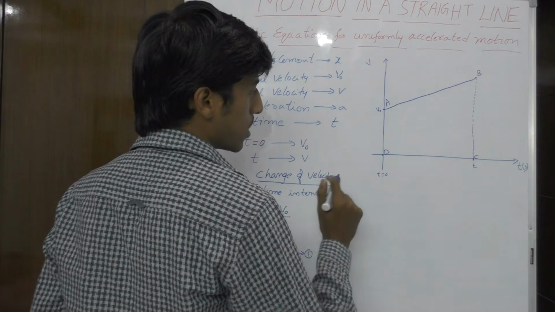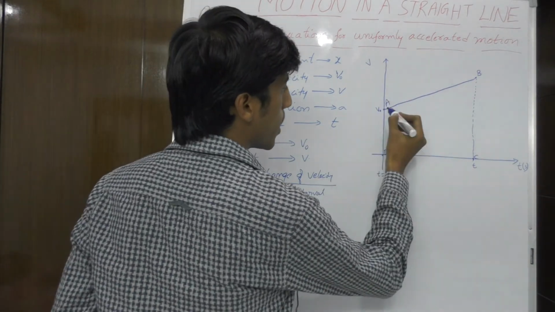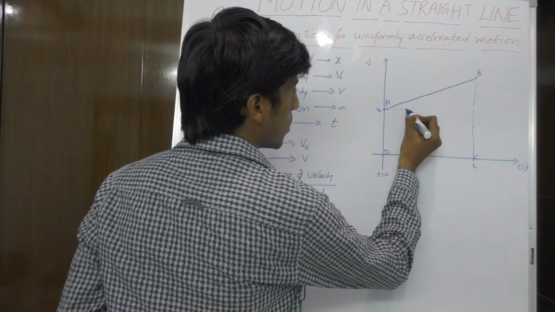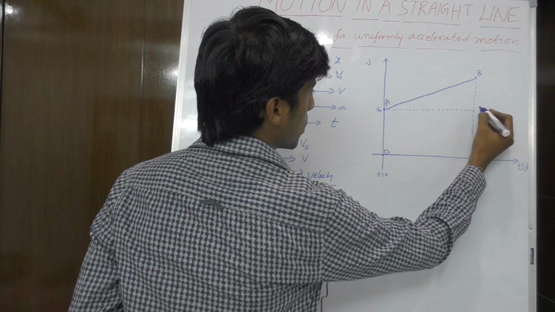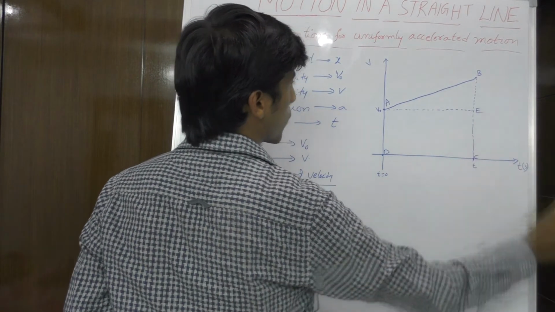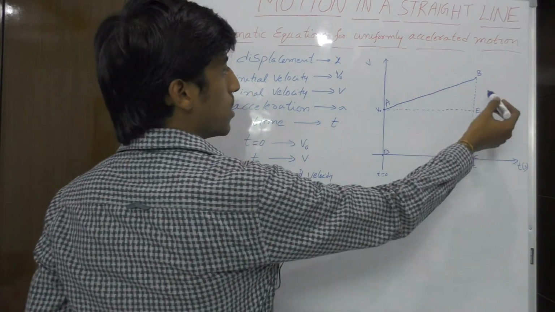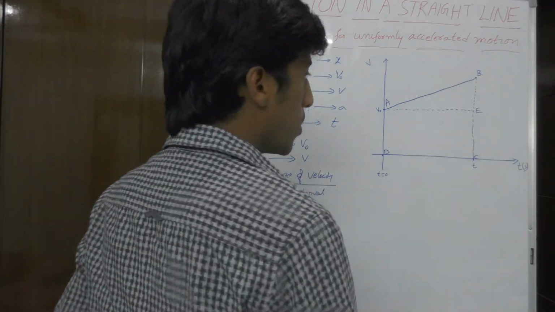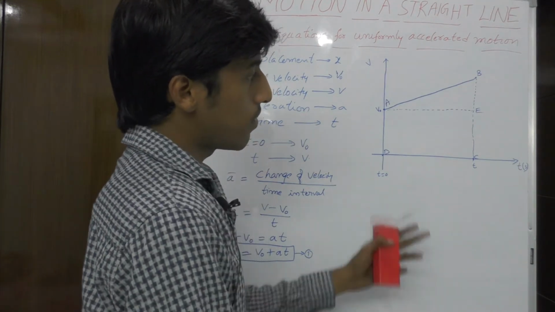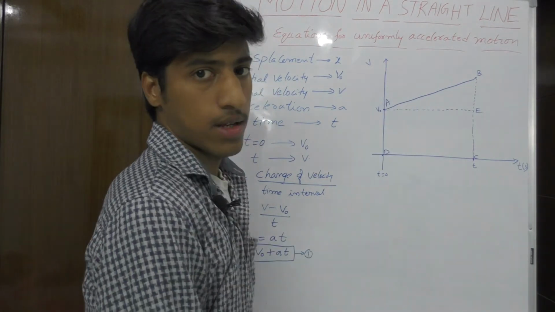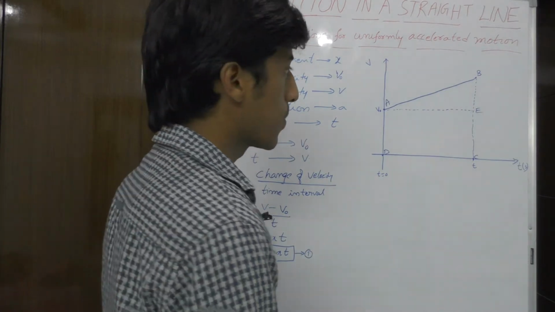To find that, I will draw one more imaginary line, and this is E. So the upper part looks like a triangle and the lower part looks like a rectangle. If I add those 2 areas, I will get the total area.